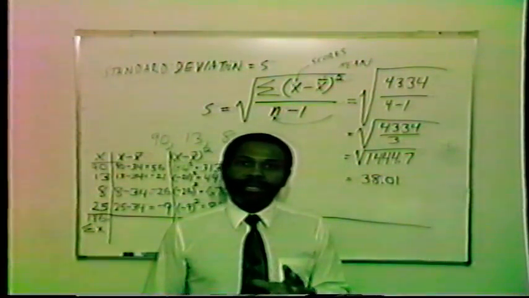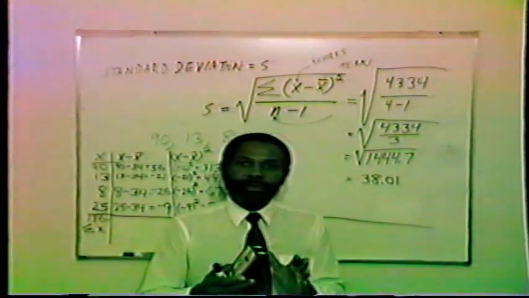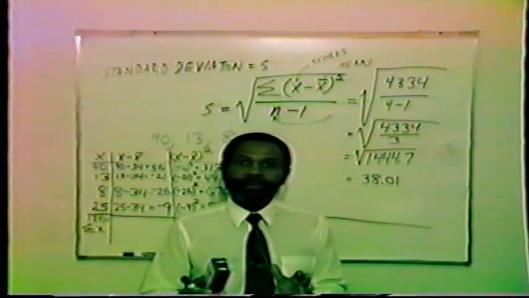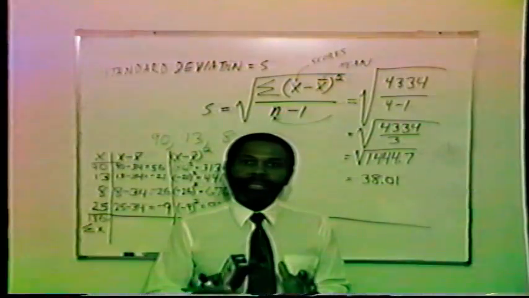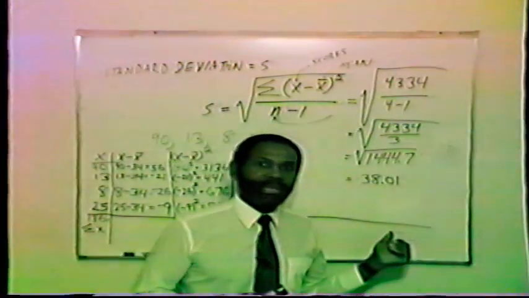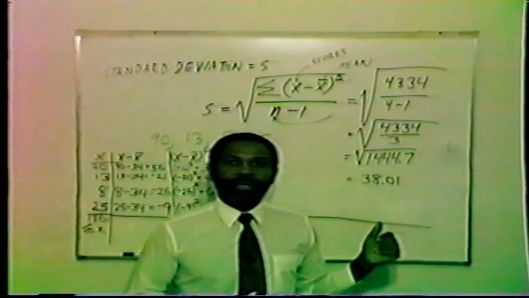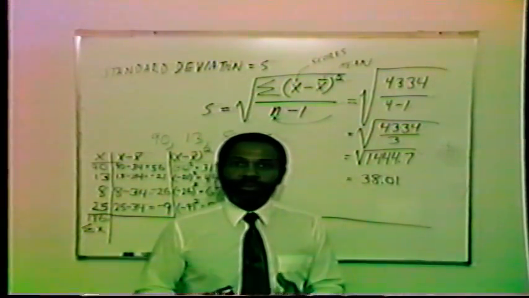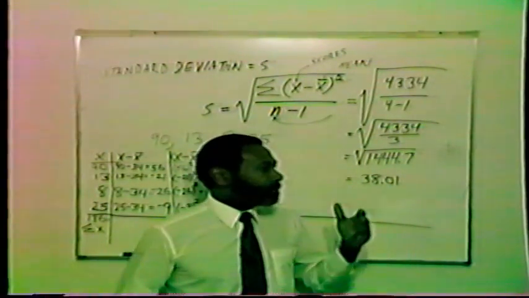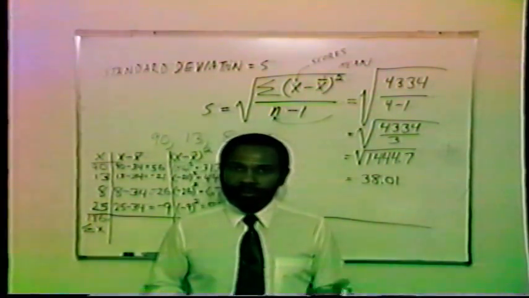Once again, it means that that is the average amount of deviation between the mean and each one of the scores. So if someone has less deviation than that average, then their deviation would be smaller than the average deviation. If they have more deviation, their deviation would be greater than the average amount of deviation.